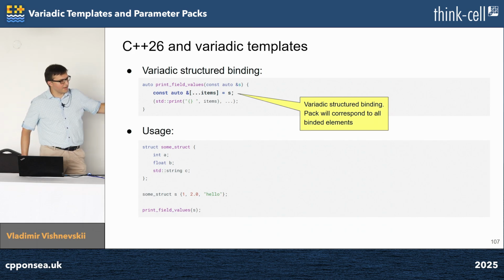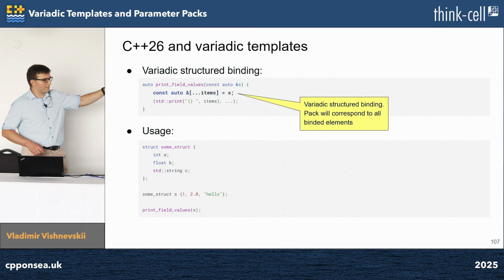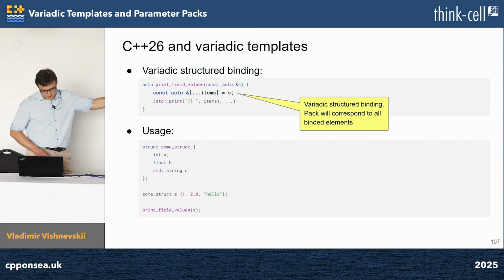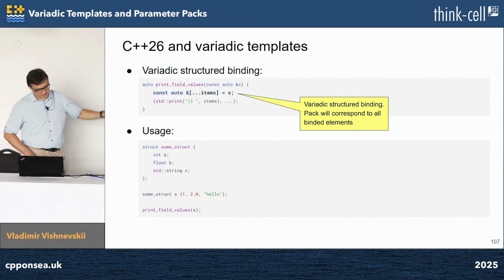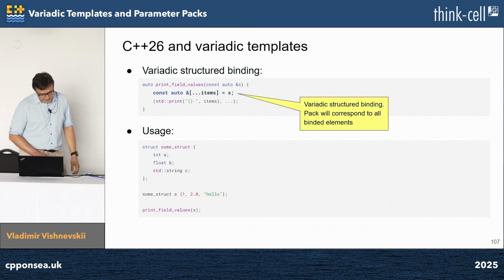Here the pack items will represent the bound items. And so we bind items to the fields of the value of some type that will be passed into the function, print field values.